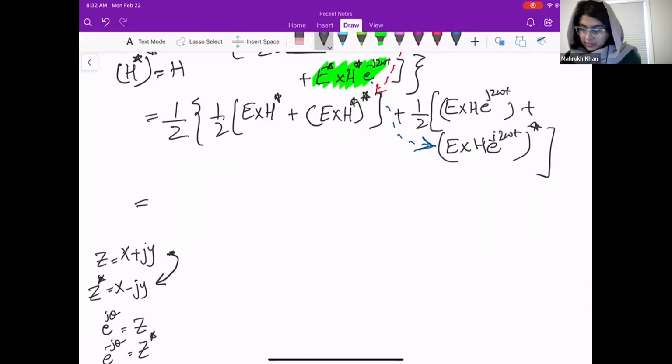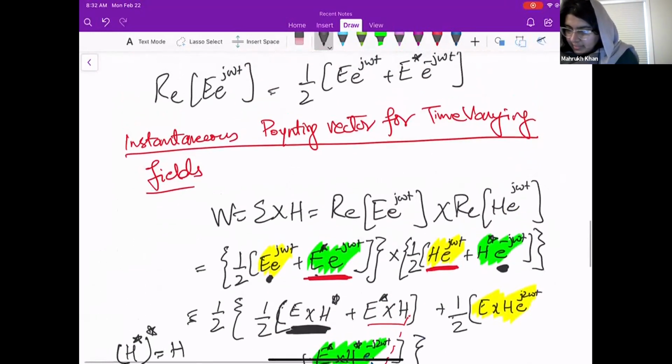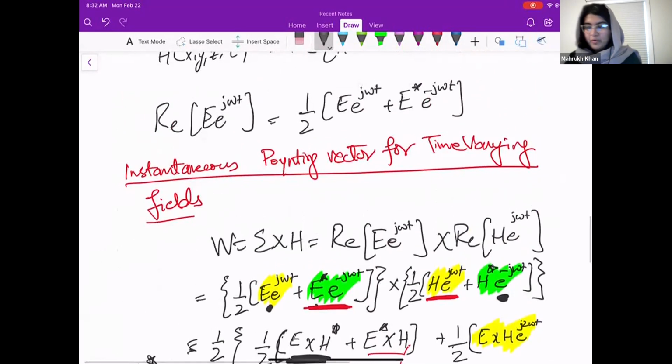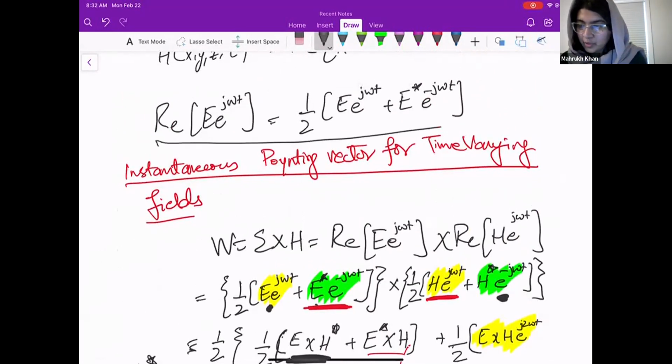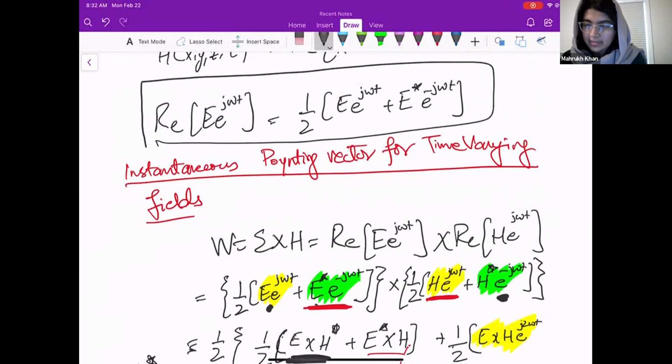What I was trying to tell you was, if I move a little bit up, you remember this thing where I wrote that the real part can be written as this, right? This is just what you write as cos omega t.